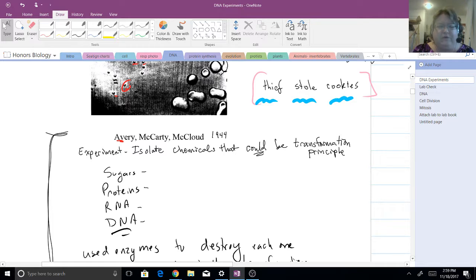Well, so what we're doing in this experiment is taking away each one to see if transformation still occurred.